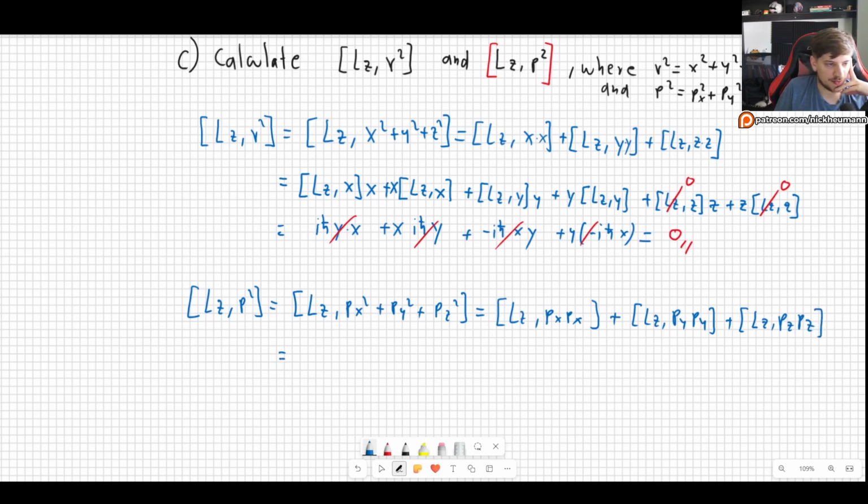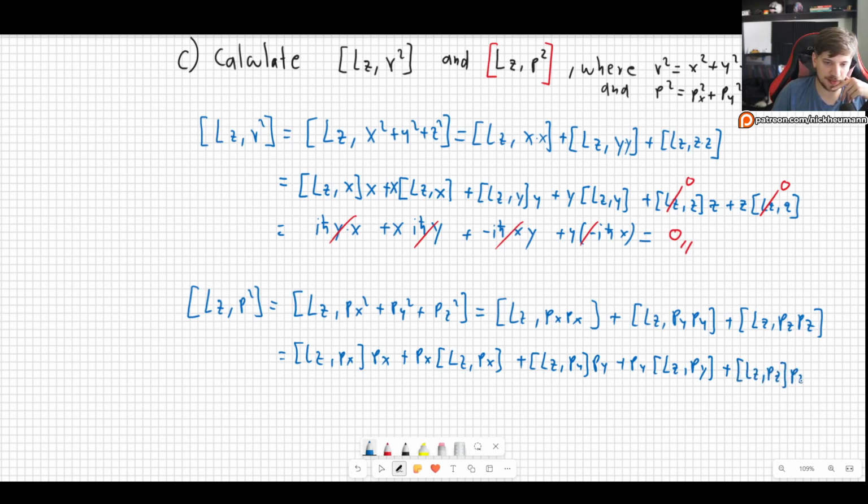Now again we separate this as [Lz, px] with a px outside plus px [Lz, px], plus, and here we have again [Lz, py] py plus py [Lz, py]. I'm just using the exact same property I've been using the entire time of just removing an object from the commutator. And finally we have [Lz, pz] times pz plus pz [Lz, pz].